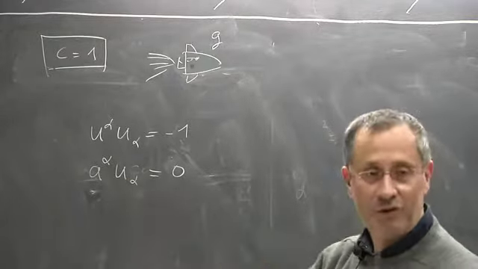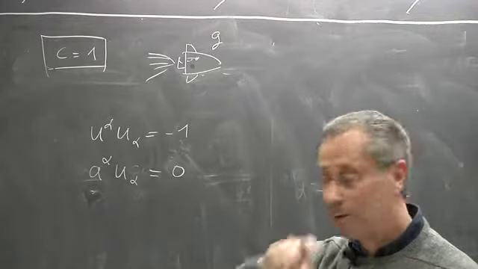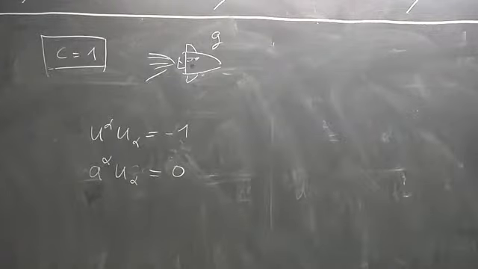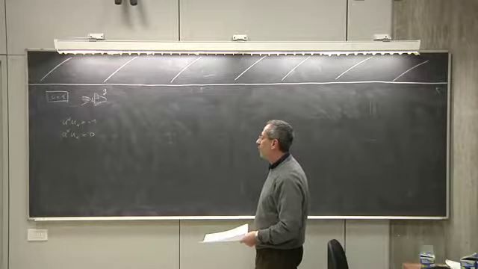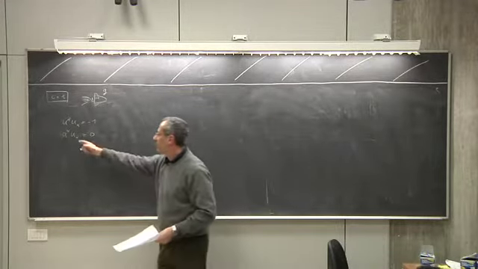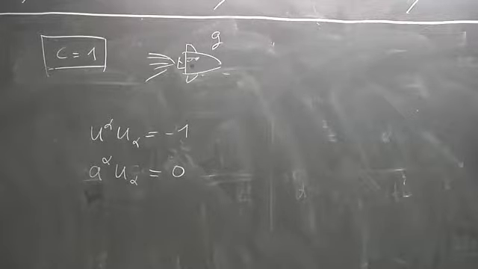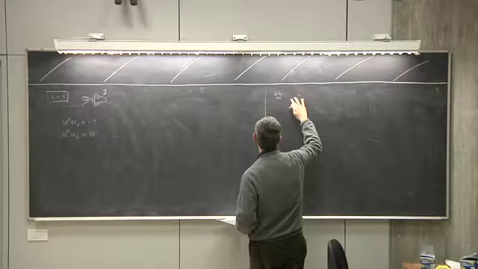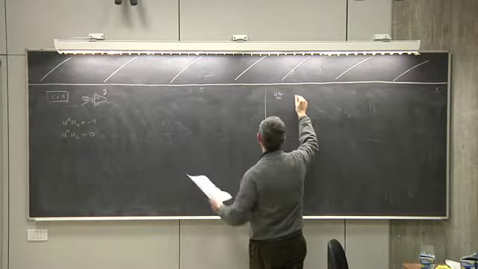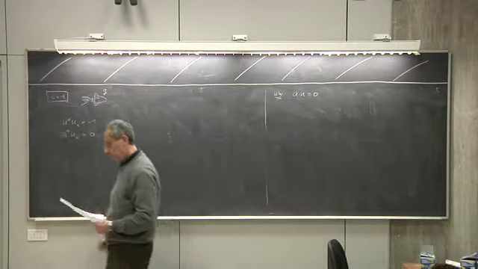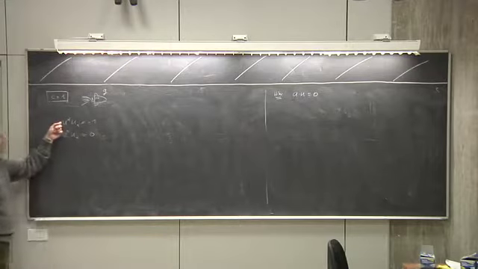Because I define the velocity to be dx d tau. Convince yourself that this is true, that a dot u is equal to 0.